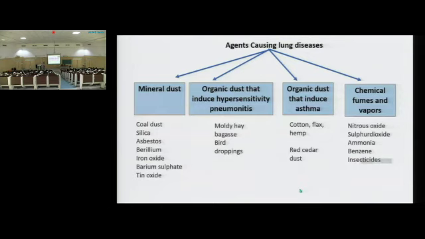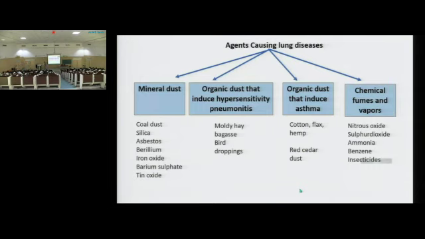So what are the agents that cause lung diseases? Basically pneumoconiosis. It has been divided broadly into 4 categories. It can be either mineral dust, it can be organic dust that can induce hypersensitivity, or the organic dust that induces asthmatic reaction or asthma, and the chemical fumes and vapors.